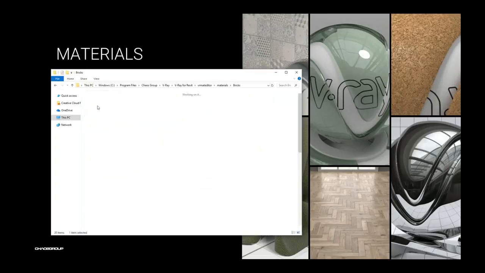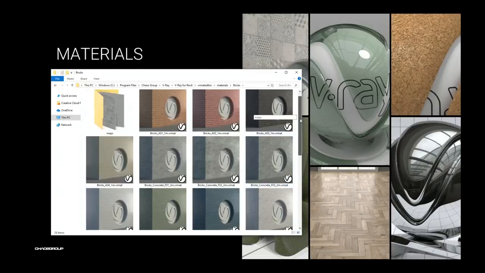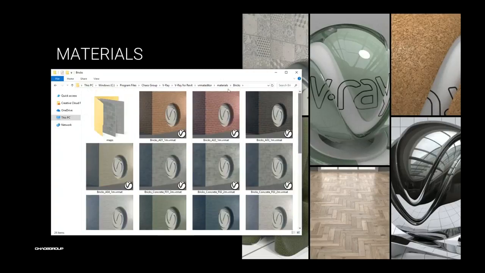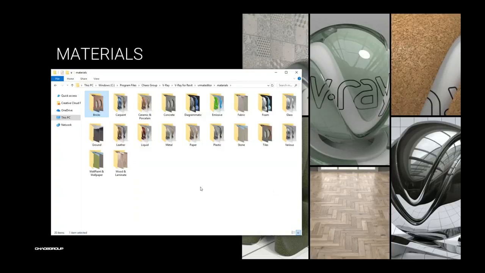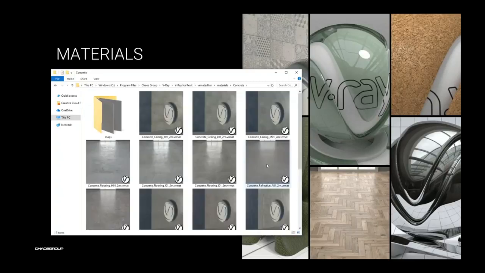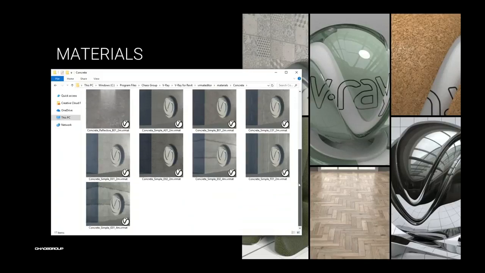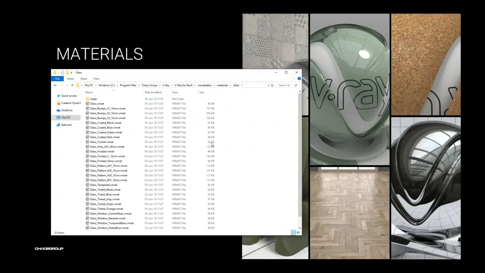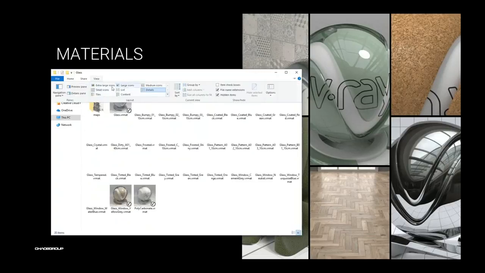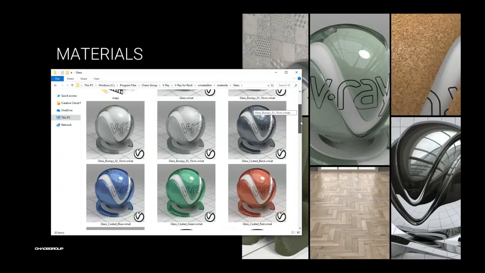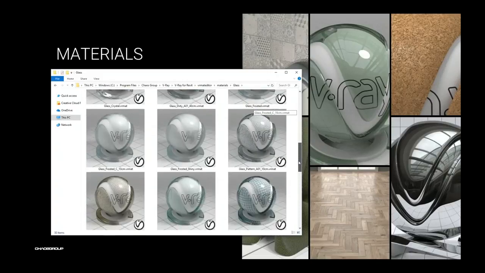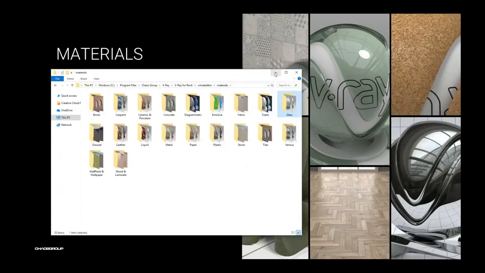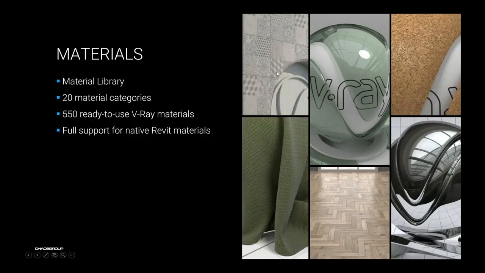So if we look at the bricks category, for example, there are different materials, or we can look at the concrete, glass, and many more. As I said, over 500.